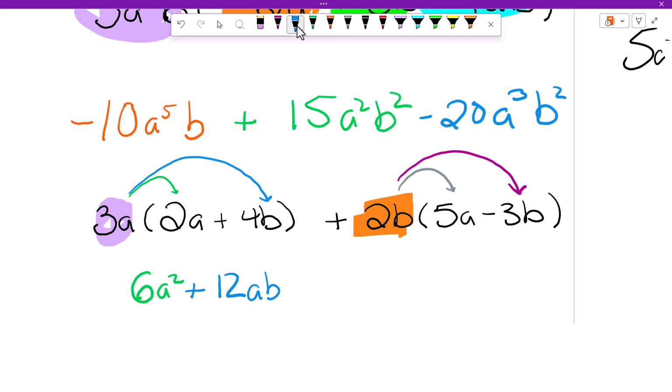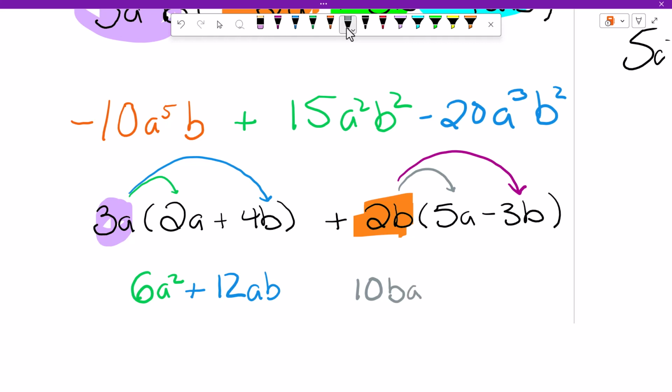Then we move on to the next one. Allie, you should be participating here, bud. All right? And we go the gray arrow. And we do that multiplication. And what do we write down? 5 times 2 is 10. Okay, what about the letters? Now, there is nothing wrong with writing BA, right?